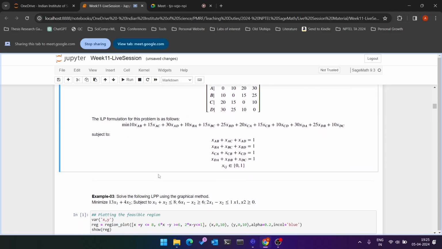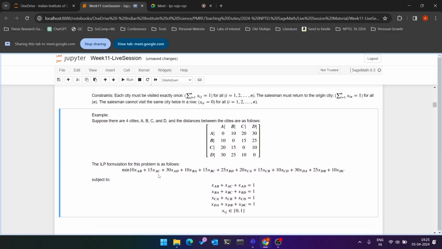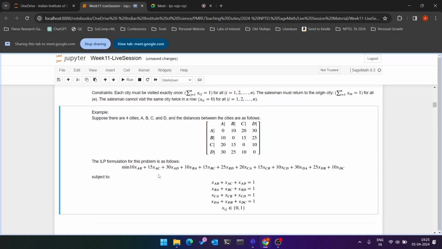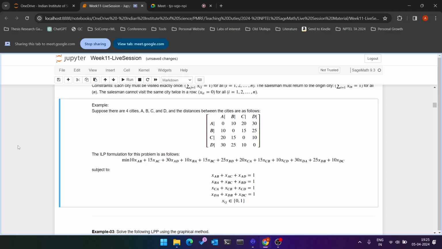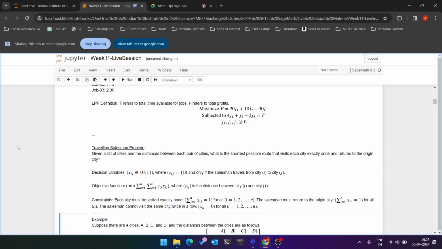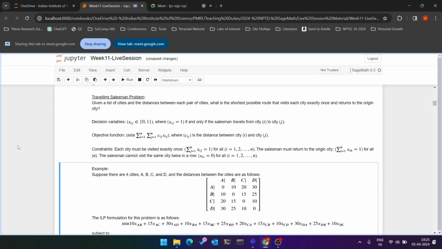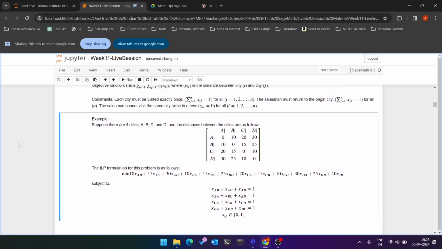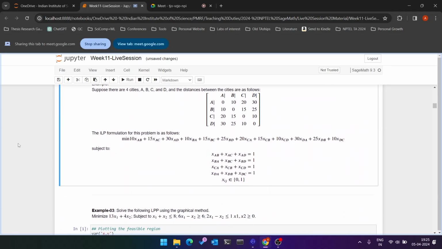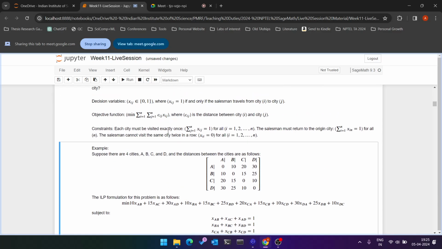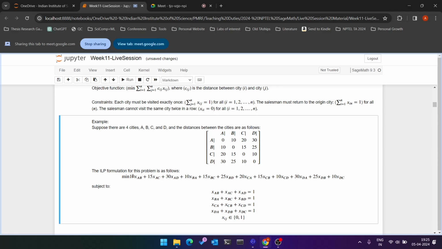Okay. So this is how my formulation looks like, and this would be one way to write mathematically what the traveling salesman problem looks like. There could be other ways to write this down, but using the C matrix, the distance matrix and the decision matrix along with the constraints, I could find my integer programming problem here.